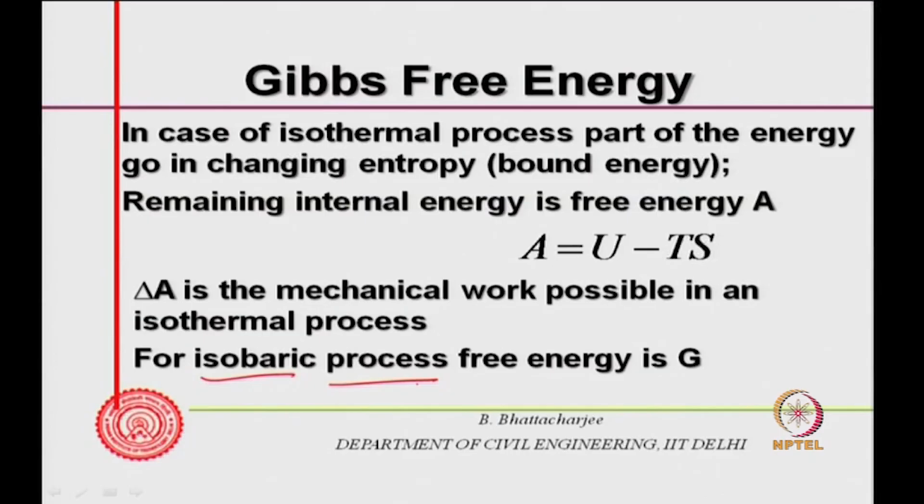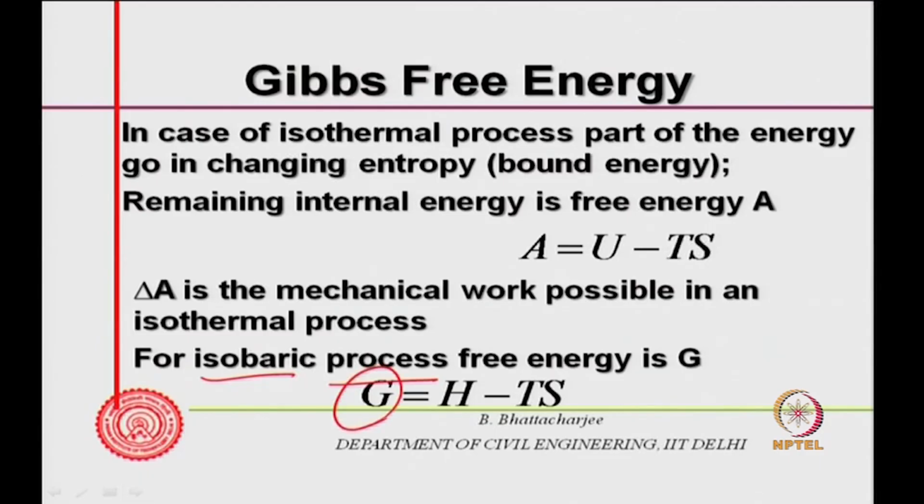Now, it is the enthalpy, because it is the total internal energy, the total heat content of the body, which can change. So, delta H could be the change, but delta H will not be fully contributing towards the reaction, because some of the energy will be associated with entropy change, as we know from thermodynamics.